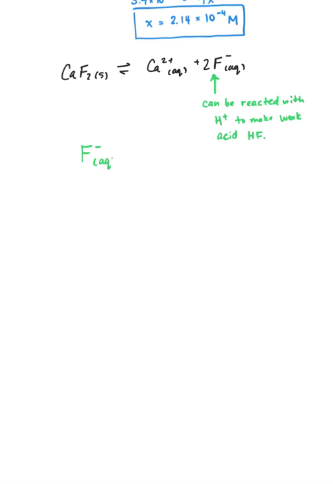Fluoride ions that are produced from calcium fluoride react with H plus cations that were already in solution because an acid is present, to form the weak acid, HF. This weak acid could dissociate back into H plus and fluoride, so an equilibrium gets established here. The Ka value for HF was 6.8 times 10 to the minus 4.